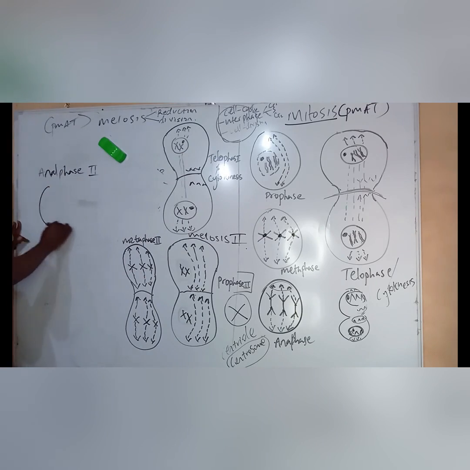For each of the cells, remember there are 2 cells now. For each of the cells, their sister chromatids are going to divide away from their homologous chromosomes. So the sister chromatids start to move to the poles. The sister chromatids, by the help of the centrosome, are pulled to the poles.